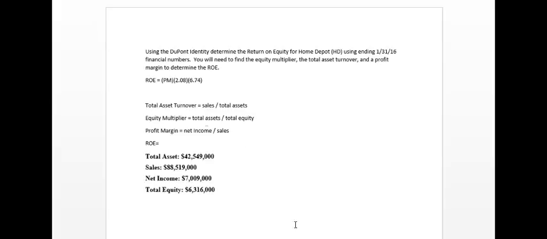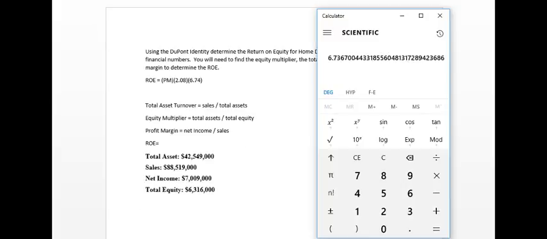Okay, now my PM, which I've got to go back out and solve. The PM, profit margin, is net income, which is 7,009, and that's over my sales number, which is 88,519. Now you may be wondering why I am not using the last three digits. Since this is algebraic equations, I can just slice those off since we're doing ratios, and I'll get the same number as if I were to use it.